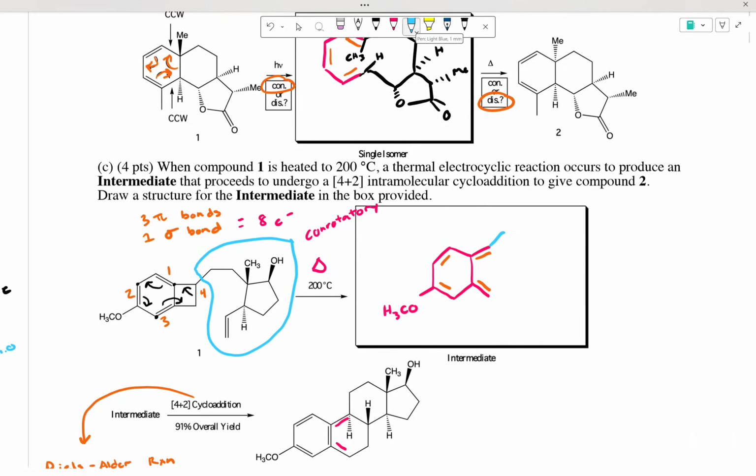And if you wanted to, we could think about the conrotatory, disrotatory again. Let me draw this first. So we said that this reaction is conrotatory. So then, in order for the sigma bond to break, these are gonna rotate in the same direction. And I'm gonna pick clockwise.